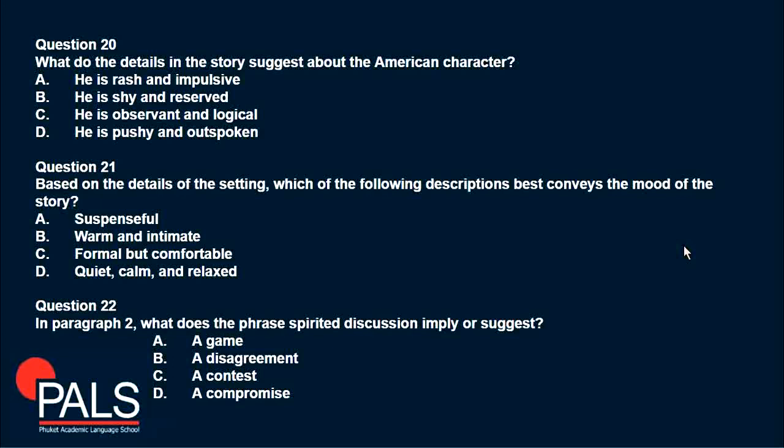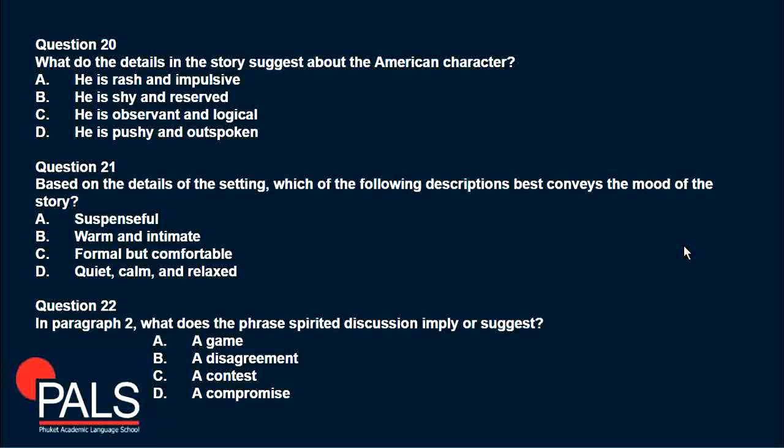Meaning, based on the setting, what is the mood that is being conveyed? All right. And by the way, mood is how the reader feels based on the setting of a story. Okay? And question number 22, in paragraph 2, what does the phrase spirited discussion imply or suggest?